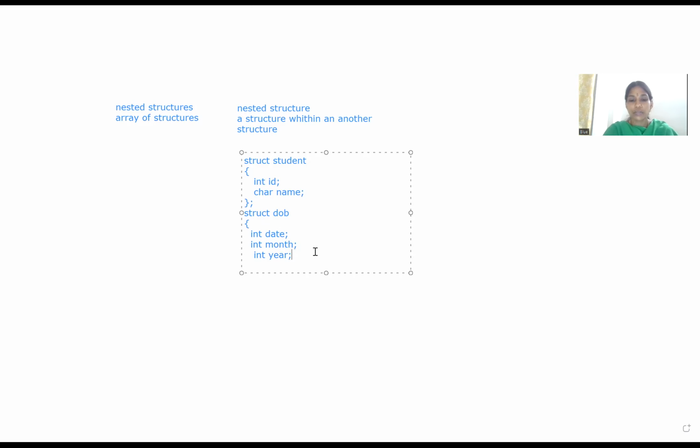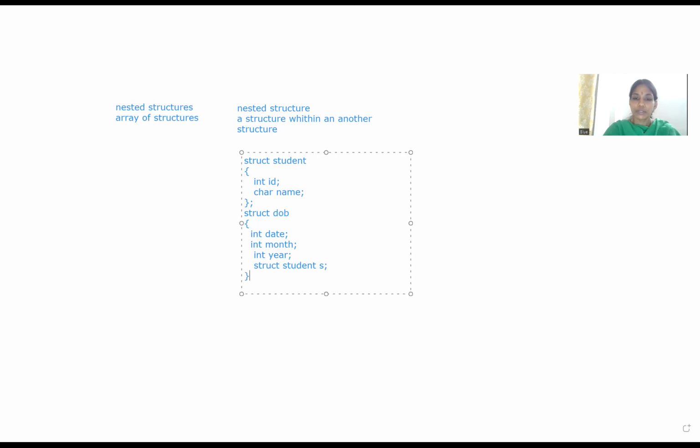Here we are declaring the structure variable for student. By using the struct keyword, we give the tag name student. Here I am declaring the structure variable for the student to initialize the values for this student structure.